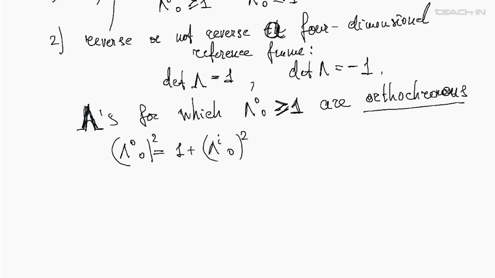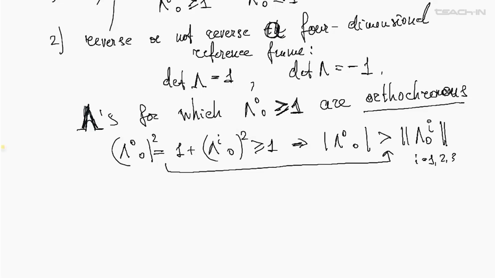And this implies that the modulus of lambda 0,0 is bigger than the norm of the vector lambda 0 i. So if you consider now lambda 0 i is a three-dimensional vector where i runs 1, 2, 3, then lambda 0 i squared is the square of its norm, then it naturally follows from this relation that lambda 0,0 itself, if you assume that lambda 0,0 is positive, so it's bigger or equal to 1, is bigger than the norm of lambda 0 i.